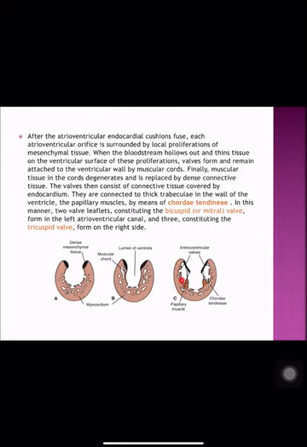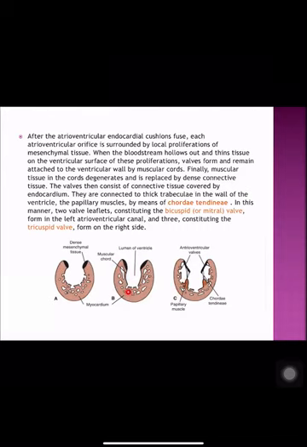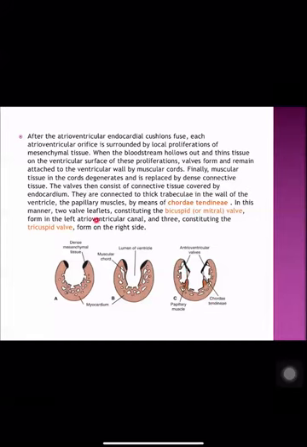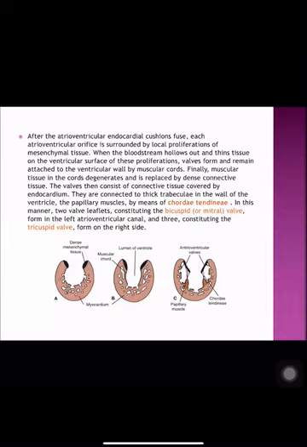With time, there will be degeneration of these muscular cords, which will be replaced by connective tissue. So by this, we will have a valve composed of connective tissue connected to the wall of the ventricle by the chordae tendineae. In this manner, we have a bicuspid valve on the left canal and a tricuspid valve on the right canal.